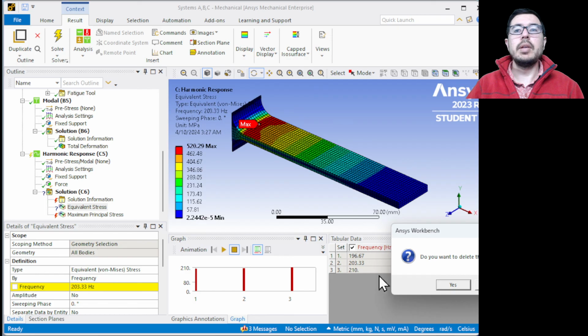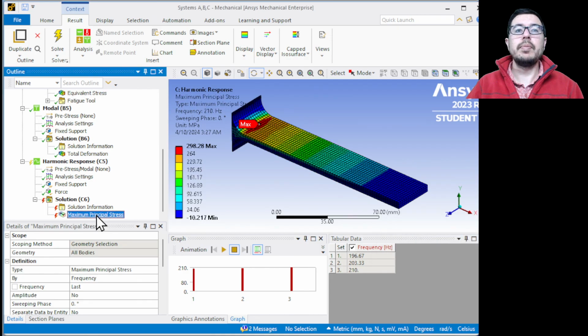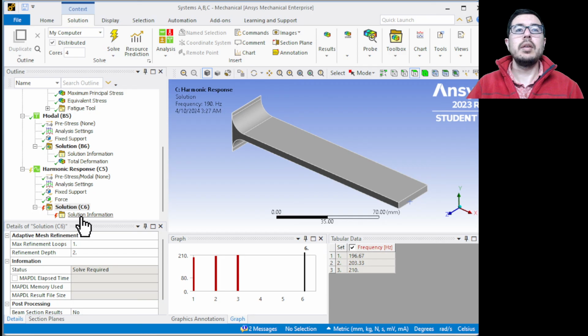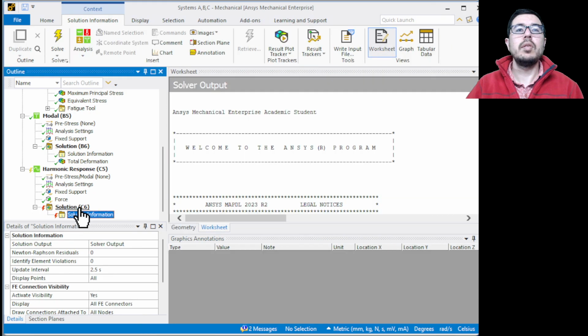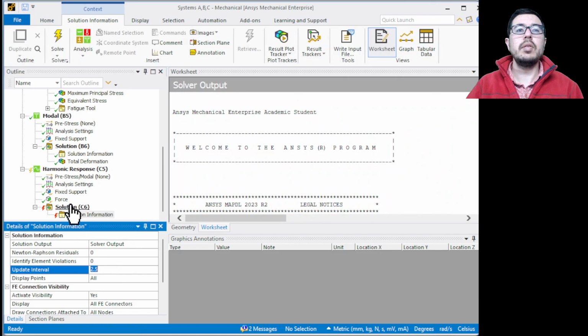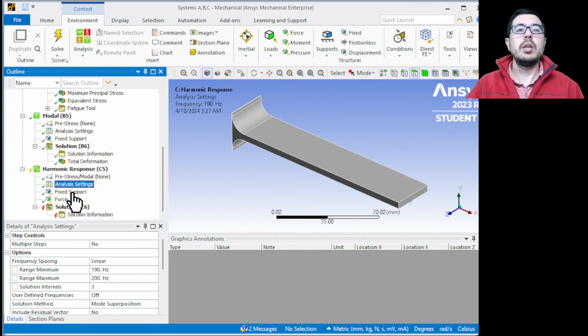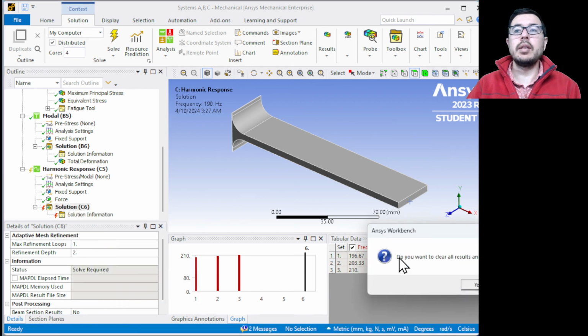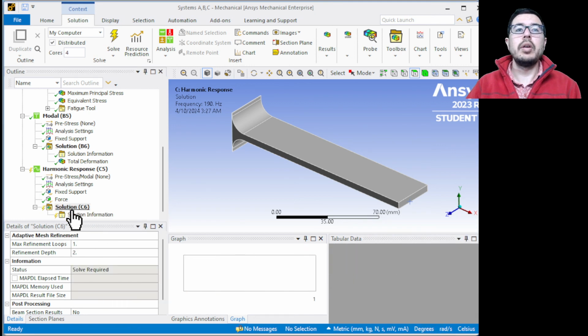So it got corrupted. I've had this happen before. Or we can just clear. Actually, yeah, just clear the generated data. That's what you do. And now we'll run it.